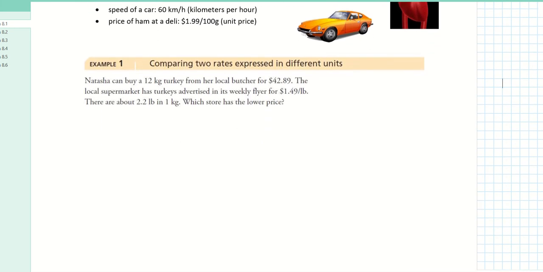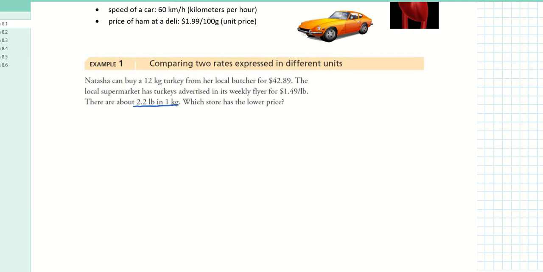So what I'm going to do is convert pounds to kilograms. Then I have to compare the same type of units, because you can't really compare two different systems here. So the first step is to convert the 12 kilograms to pounds, or the other way around in this case. I'm going to use my ratio, my scale factor here between the kilograms and the pounds.